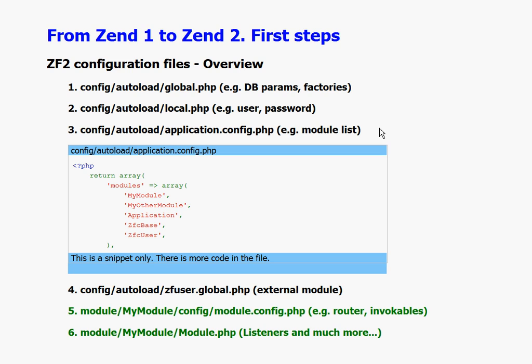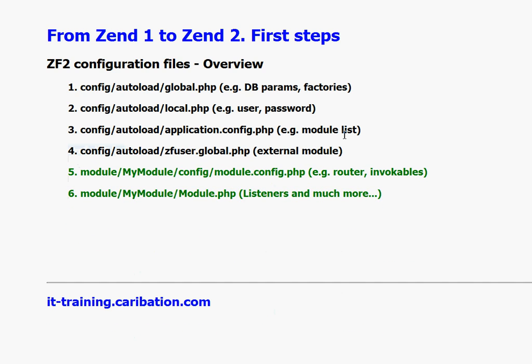In this module list you will include not only modules that you have developed, but also the modules that you have cloned from GitHub and copied and want to use in your application. And finally, the fourth file you will only have when you have an external module installed in your Zend 2 application.